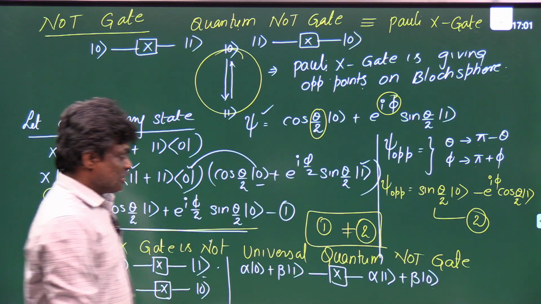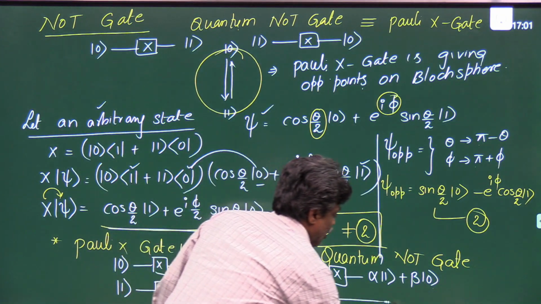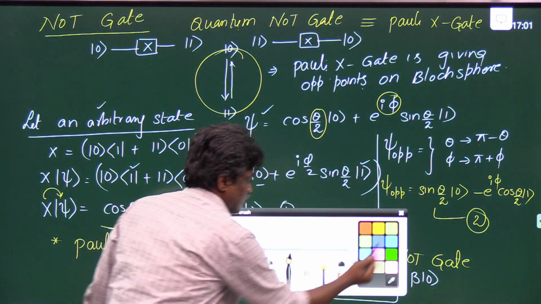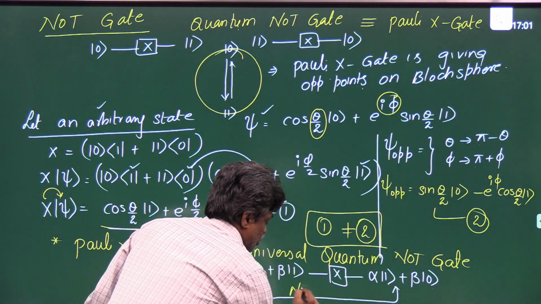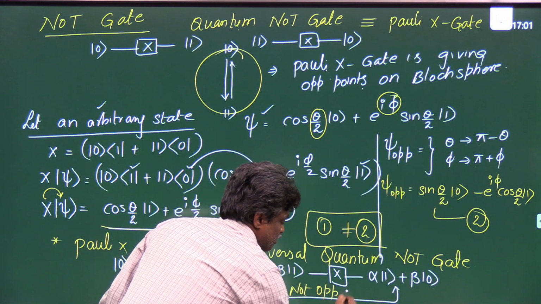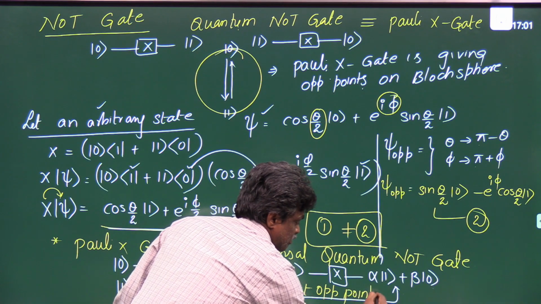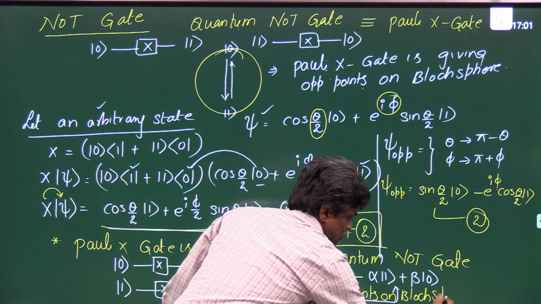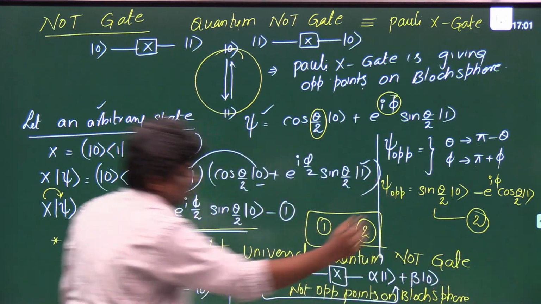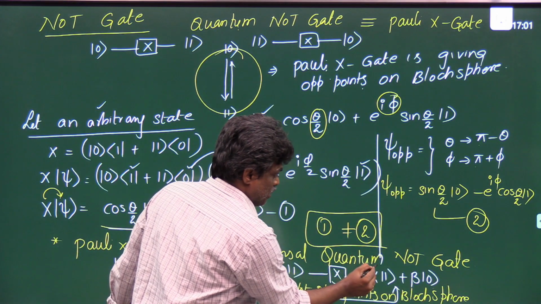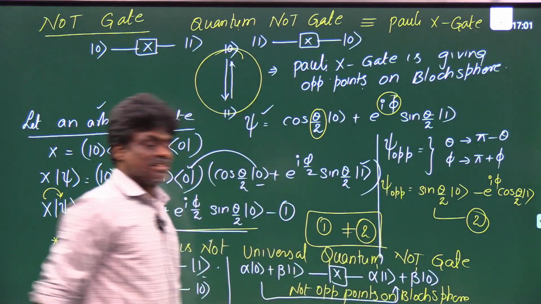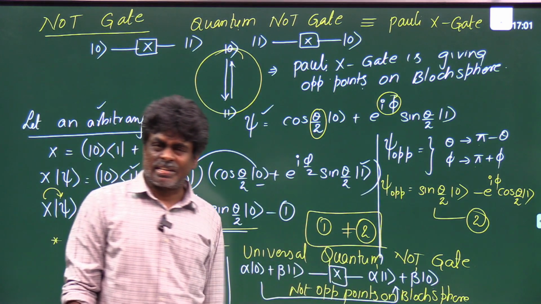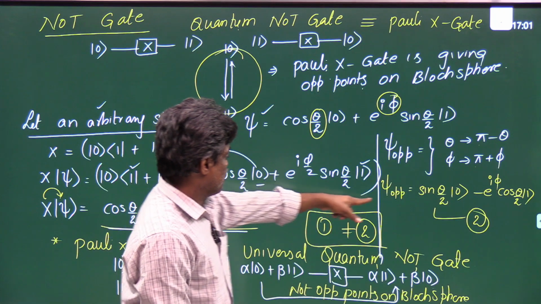But unfortunately these two are not opposite points on the Bloch sphere. Maybe this is some alpha prime or beta prime, something else. Coefficients can be anything now.